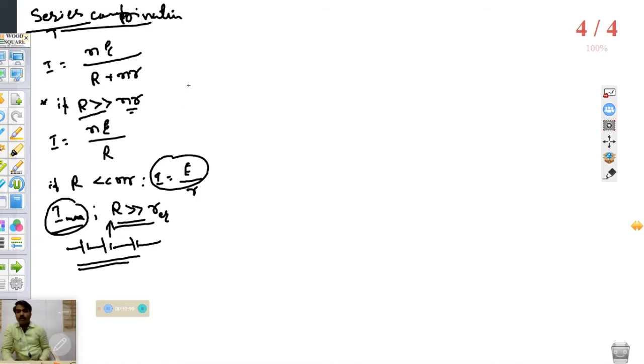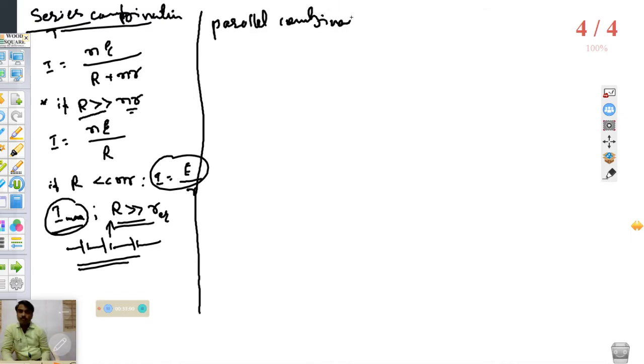And in the case of parallel combination, we have seen the net EMF is usually equal to E only, since the potential remains the same, whereas the equivalent internal resistance will slightly change.